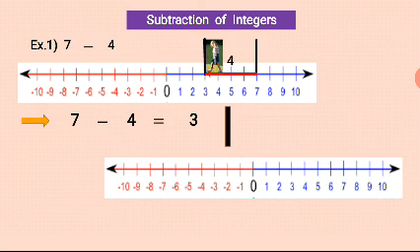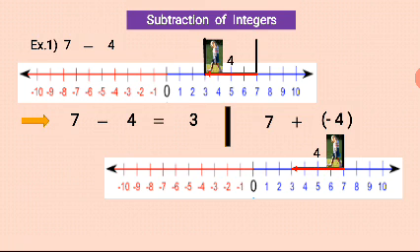First, a girl stands on positive 7 and she walks negative 4.